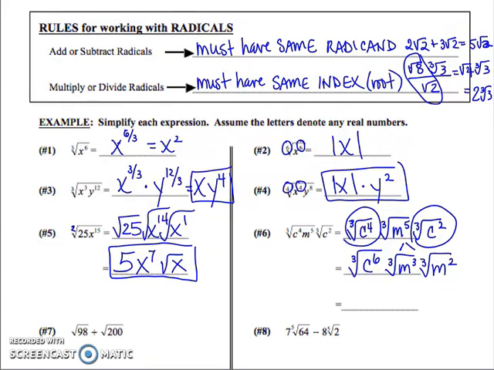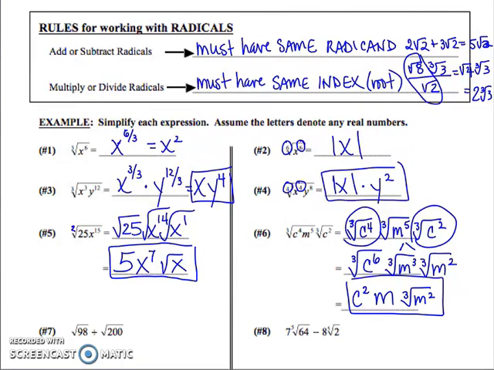The cube root of m cubed, now I do have the same power and the same root, but I'm not even, so I don't have to worry about absolute value. So that's just going to be m. And then the cube root of m squared, if my index is bigger than my power, there's nothing I can do. So that's going to stay a radical. That's going to stay the cube root of m squared.